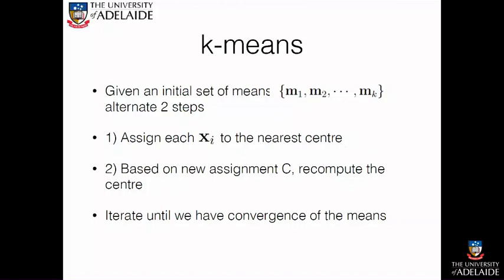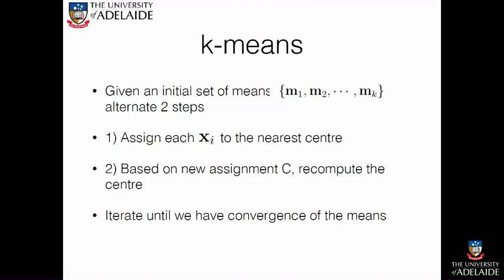It will converge. So a key computation here is to calculate the pairwise distance. And when we studied k-means, we said that you can just calculate the Euclidean distance in the original space. That's what we do, right?